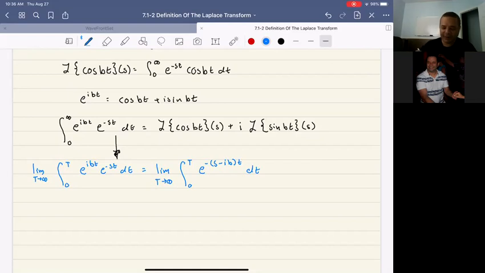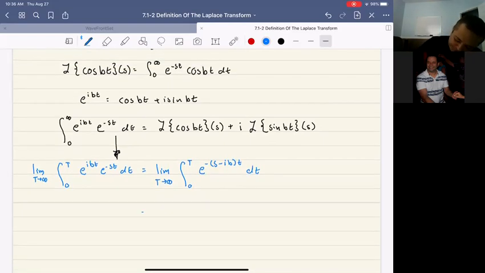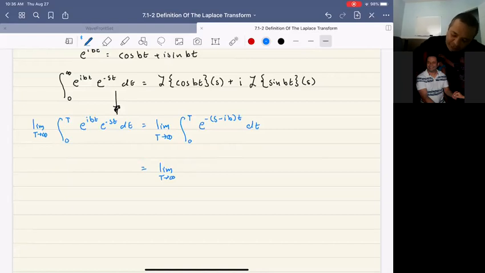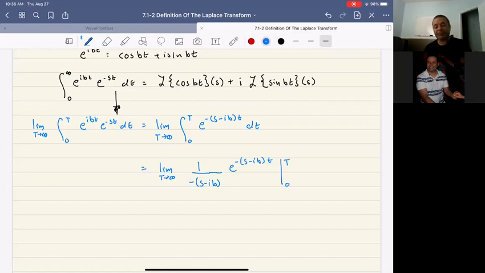This is going to be the limit as t goes to infinity of 1 over negative s minus ib, times e to the negative s minus ib t, with t going from 0 to capital T. So far so good, right?